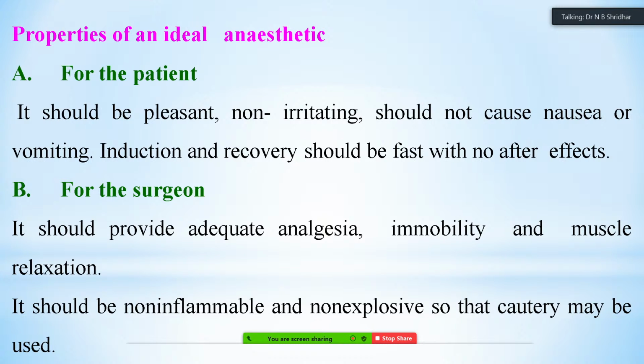This is for the patient, whereas the ideal property of an anesthetic for the surgeon is that it should provide adequate analgesia, so the pain is drastically reduced, and it should cause immobility immediately, and the muscle relaxation should be sufficient. These are very important criteria for the surgeon.